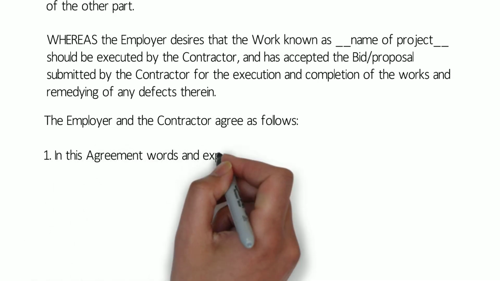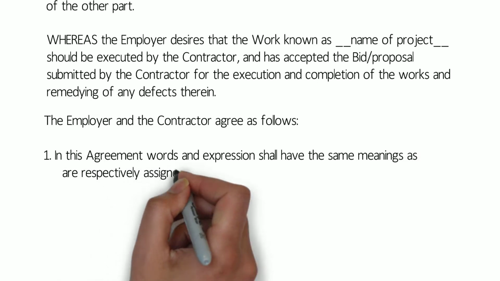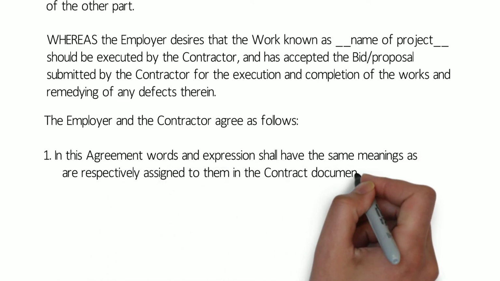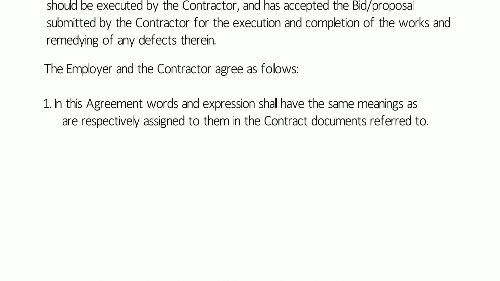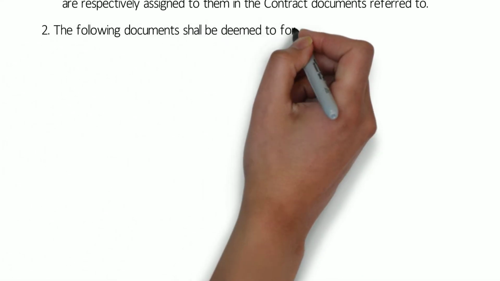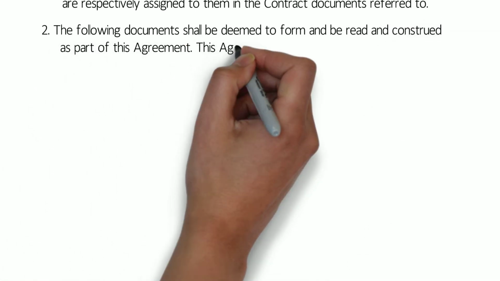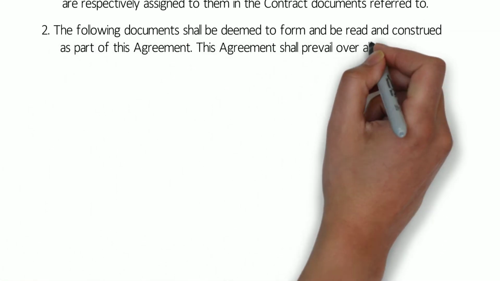In this agreement, words and expressions shall have the same meaning as are respectively assigned to them in the contract documents referred to. The following documents shall be deemed to form and be read and construed as part of this agreement. This agreement shall prevail over all other contract documents.